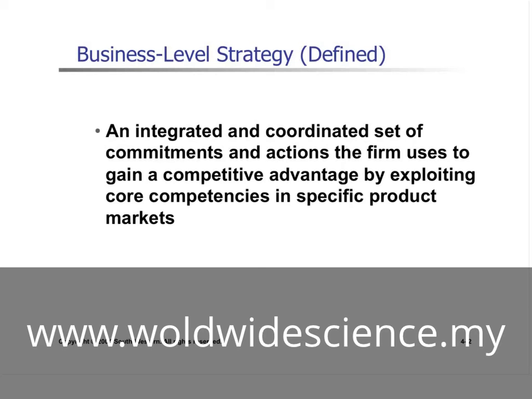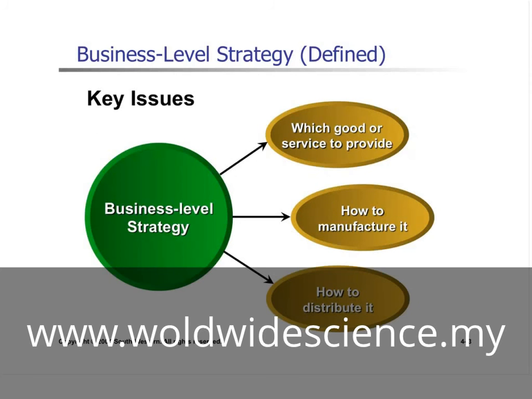And in that process, the firm will use core competencies in a specific product market. So there are a bunch of key words here. First, we have competitive advantage. We talked about it, something that you can do that others cannot do. It's your specialty. And we use competency. So next slide will discuss more what exactly we mean by that.